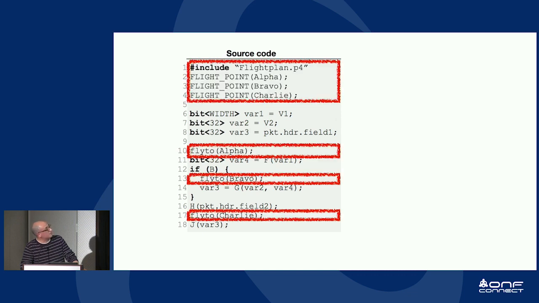And to a P4 programmer, our interface looks like this. You declare an arbitrary number of flight points. So now we're going to describe the logical segmentation. These are the logical parts that we'll be segmenting to. And then we have this function called fly_to, which instantiates the dotted line I showed you in the earlier diagram.